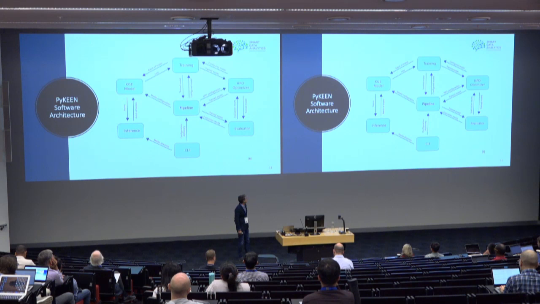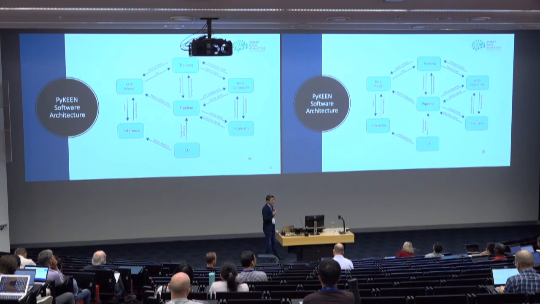For each new knowledge graph embedding model, we have a KGE module that needs to be extended. If you want to provide new hyperparameter optimizers, we have specific modules also for this. And since we already have a set of implementations for each of the modules, it is quite easy to integrate new ones based on the existing ones.